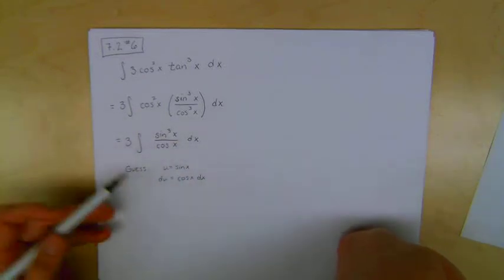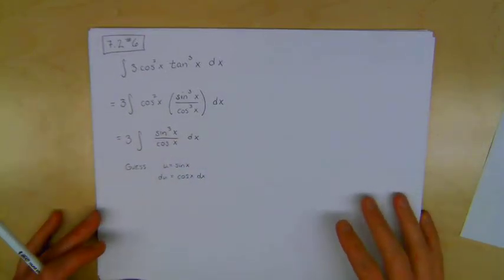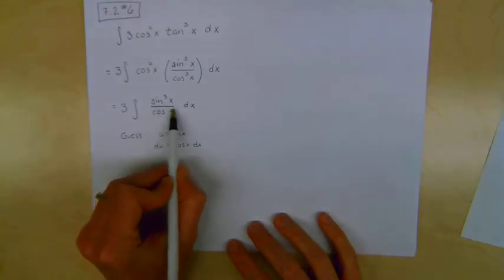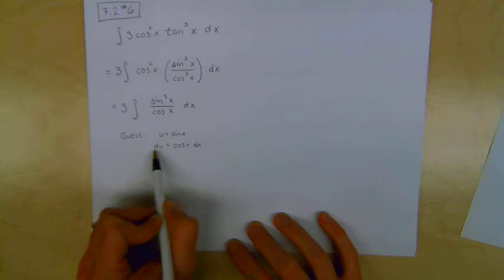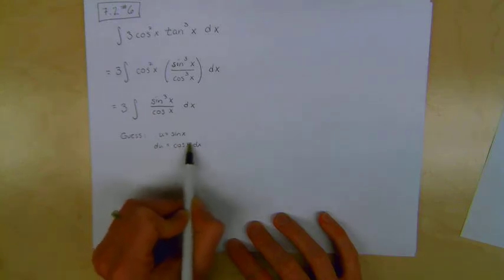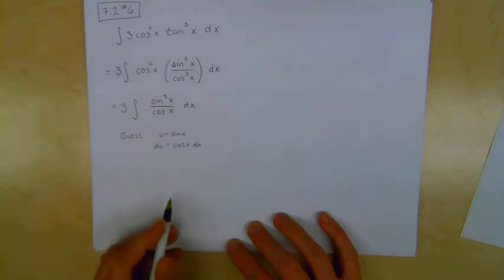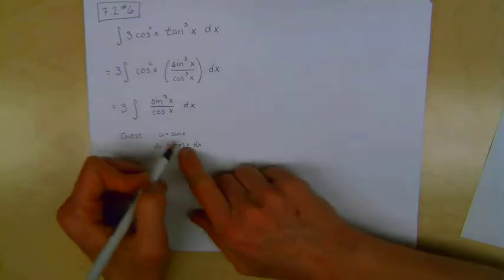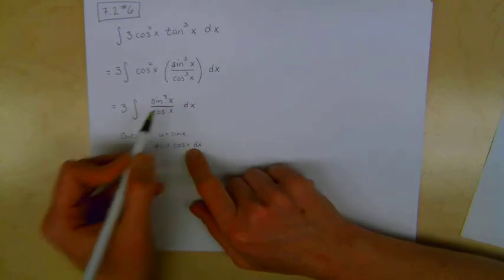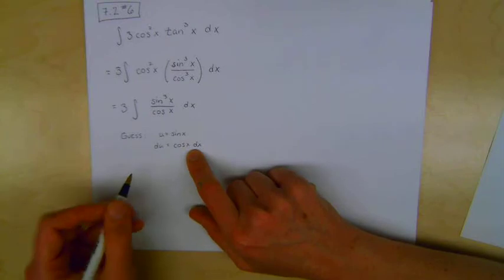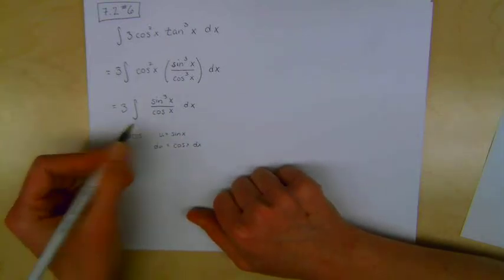But the problem is, and this is a really common error, that this cosine of x is in the denominator, and there's no way to rectify that situation, meaning that I don't have a cosine x dx available to me. I only have a 1 over cosine x dx. So this guess of a u substitution is not going to work.